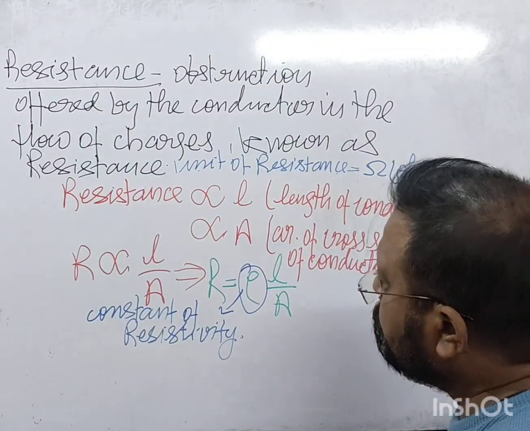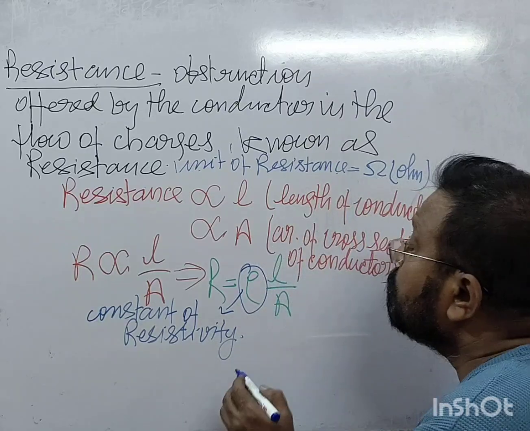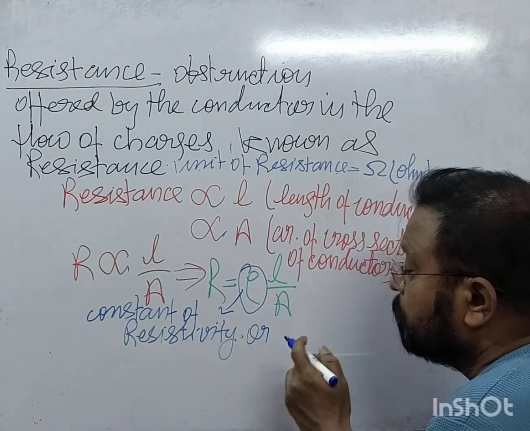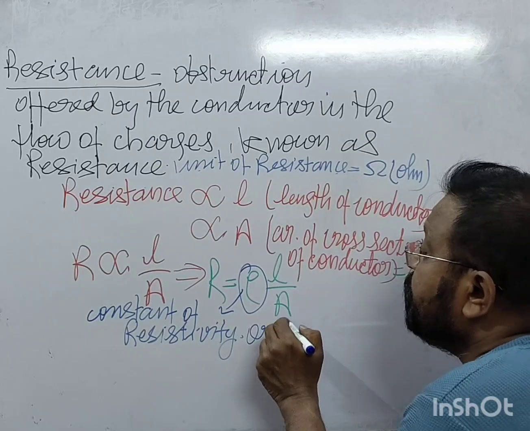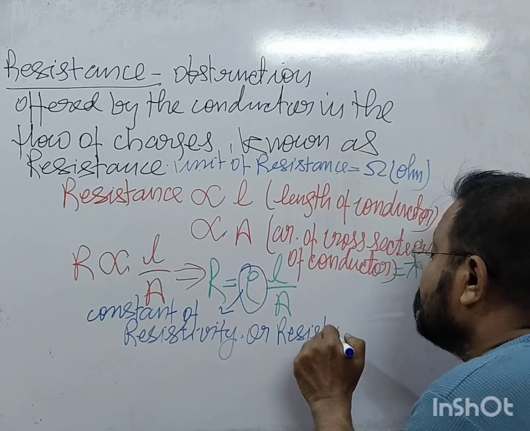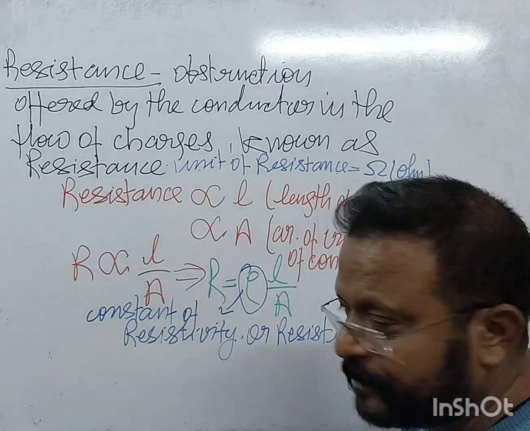This rho is the constant of resistivity, or we call it resistivity.